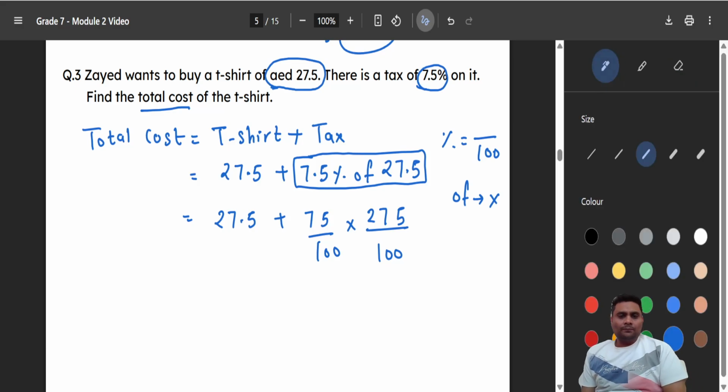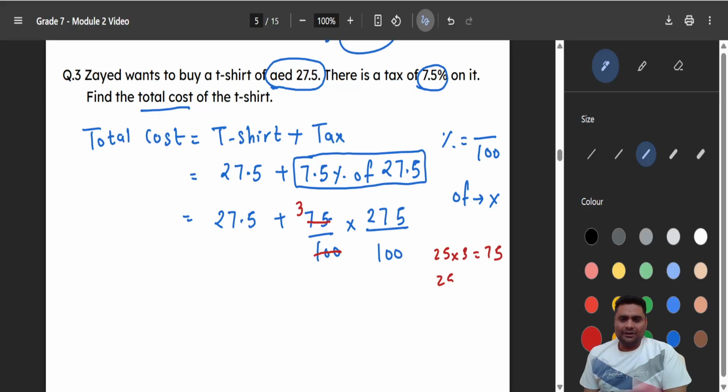Now check carefully. To solve this, your tables and division power should be strong. If I check, 75 and 100 both come in the table of 25. So I can do taqseem 25 here, taqseem 25 here. 75 divide 25 is 3, because 25 times 3 gives me 75.